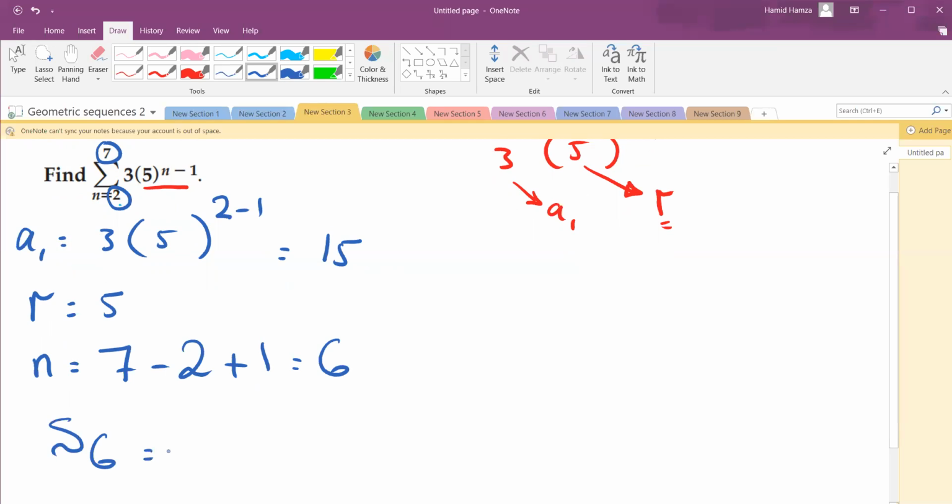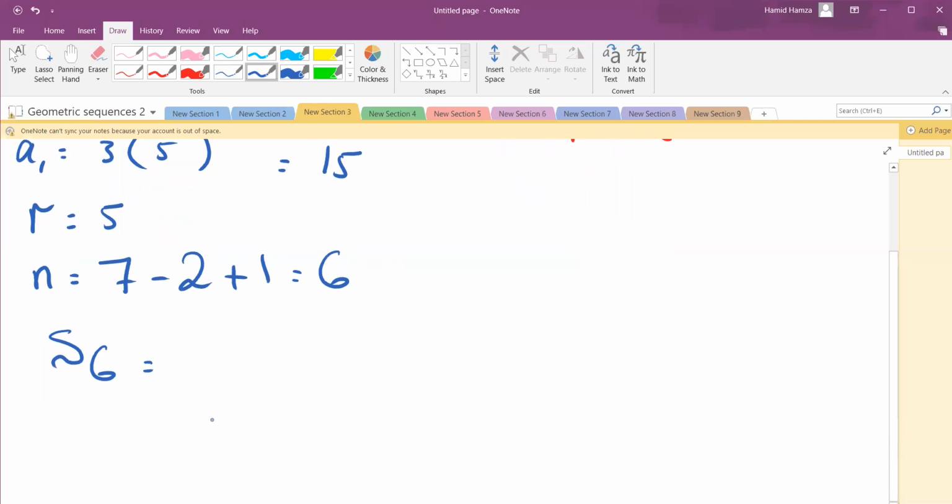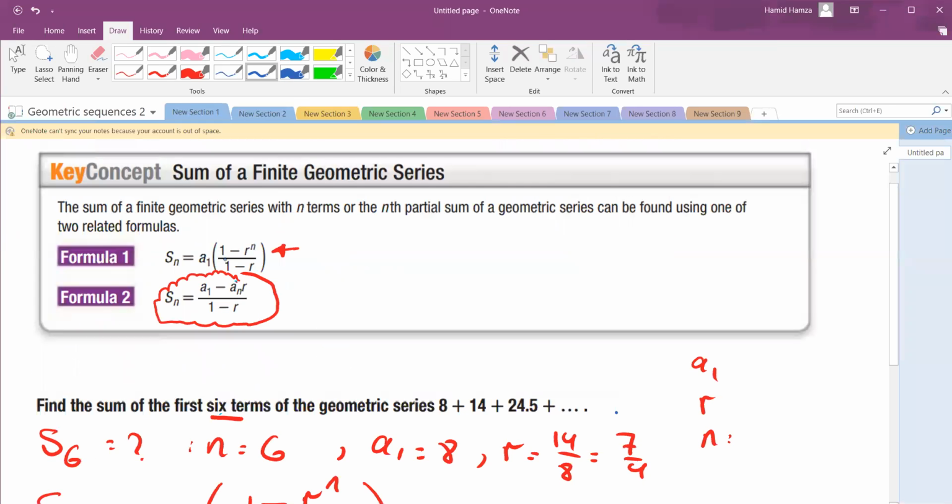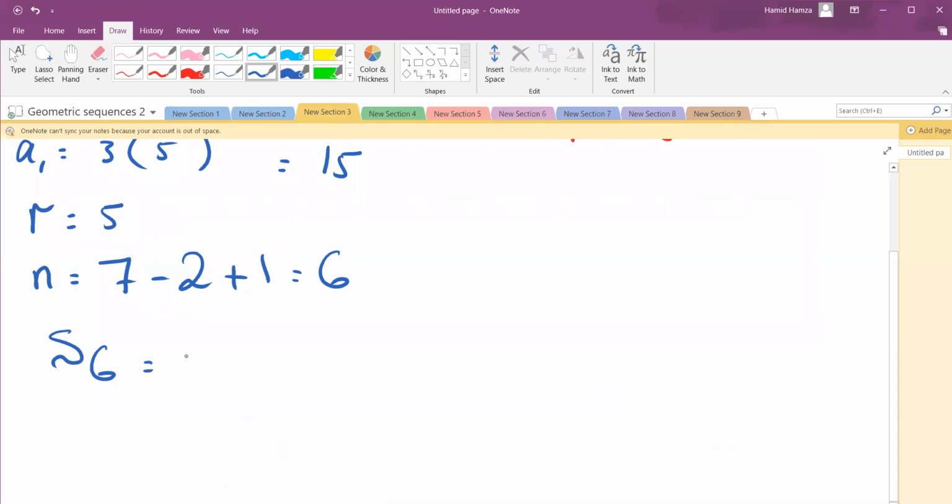S6 will be equal to, I'll use the first formula, because the last term is not given. It will be A1 times 1 minus r raised to power n, over 1 minus r.